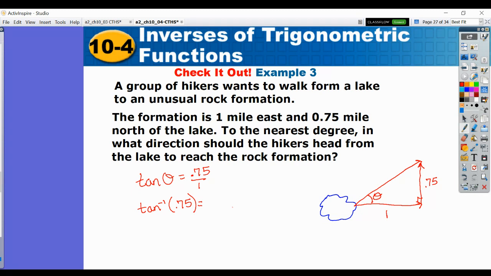You can go ahead and put it in your calculator. Tangent inverse of 0.75 is, to the nearest degree, 37 degrees. So I would want to go 37 degrees north of east. If you're going northeast, you might want to figure out a different way to name that angle, but right here is 37 degrees.